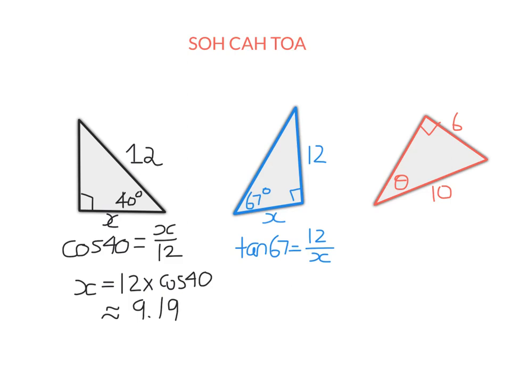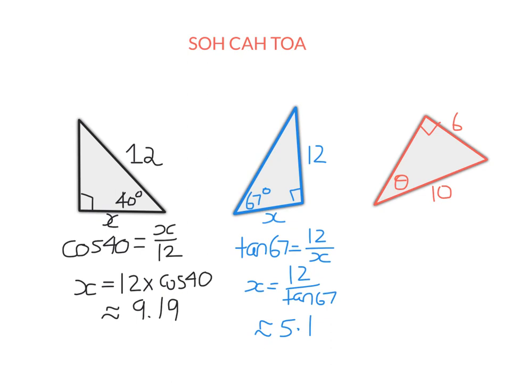In the last example, the thing I wanted to find was on top. That's why I multiplied. But when the thing you want to find is on the bottom, you must divide. So instead of going 12 times tan 67, I need to put in my calculator the opposite divided by tan 67. And the answer I get, this time I'll just do to one decimal place, is about 5.1.